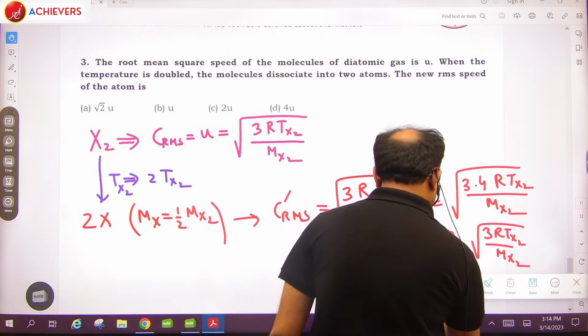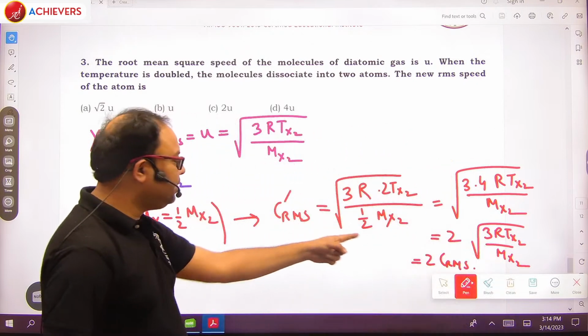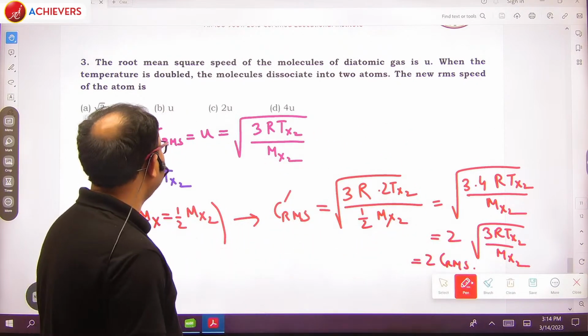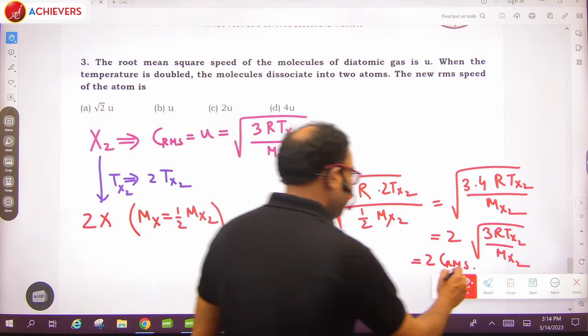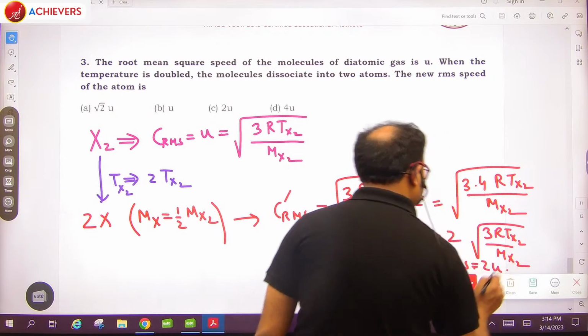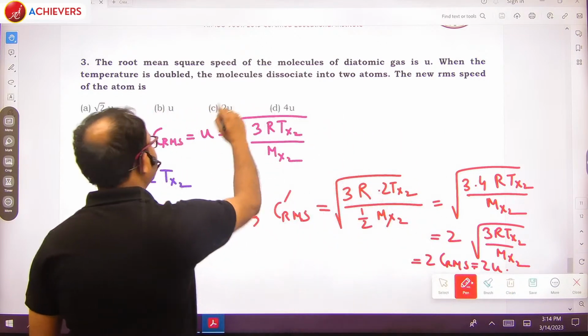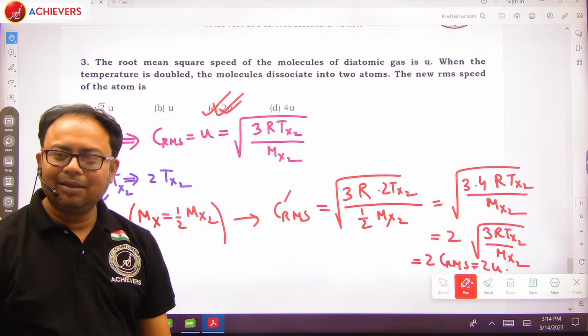So this is 2 multiplied by the original CRMS, and the original CRMS was U. So it's nothing but 2U. So the answer is 2U. Okay, it's very simple.